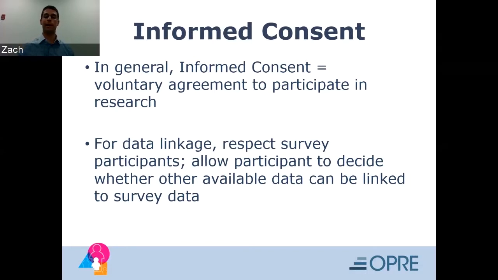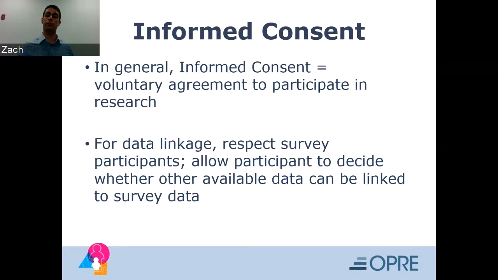For administrative data, that's not the default. The data are obtained from an agency, usually unknowingly to the individuals or entities represented in the data. So it's recommended to obtain informed consent when linking non-survey data with survey data for research use, and sometimes it's legally required.